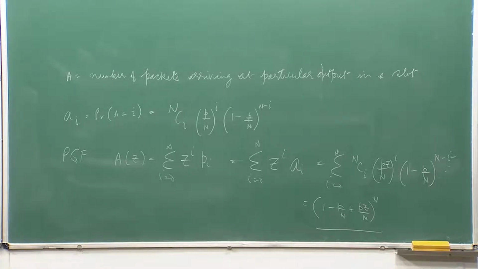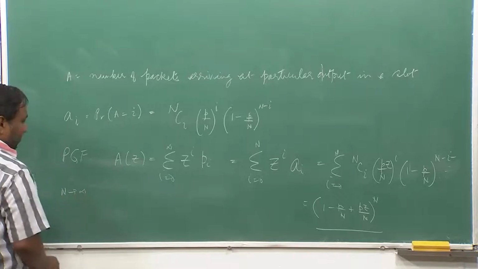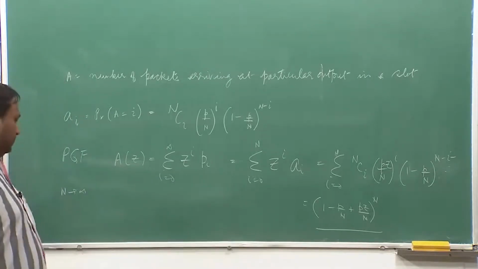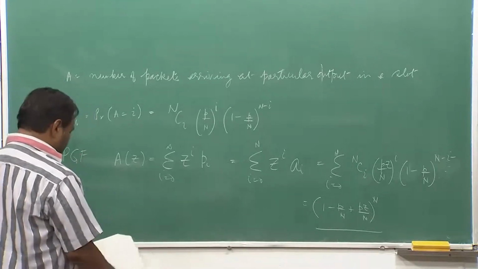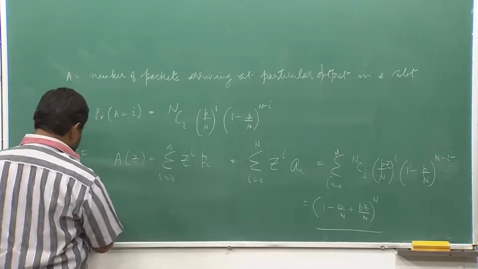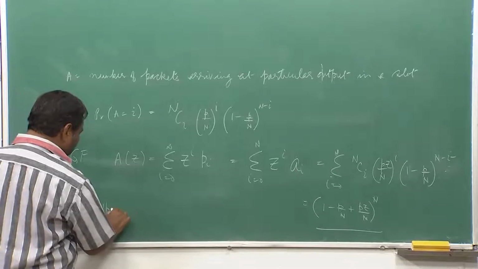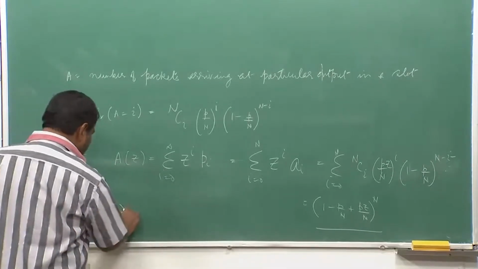And as n becomes very large, when n goes to infinity, this can be approximated as an exponential. When n goes to infinity, p goes to 0 such that n times p goes to some constant, we call it lambda.